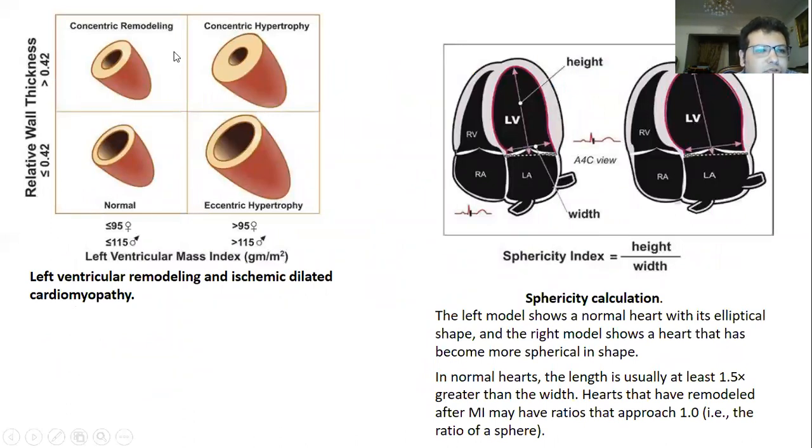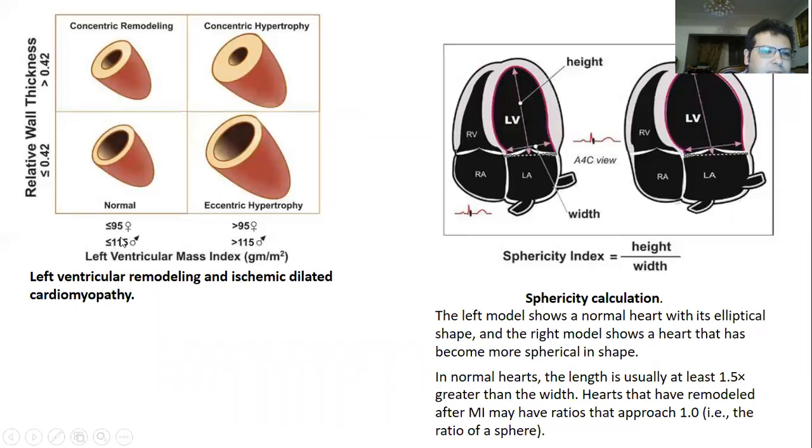Here we can appreciate the relative wall thickness in relation to the left ventricular mass. Normal left ventricular mass index to body surface area for females is less than or equal to 95 gram per meter square, while for adult males it is 115 gram per meter square.